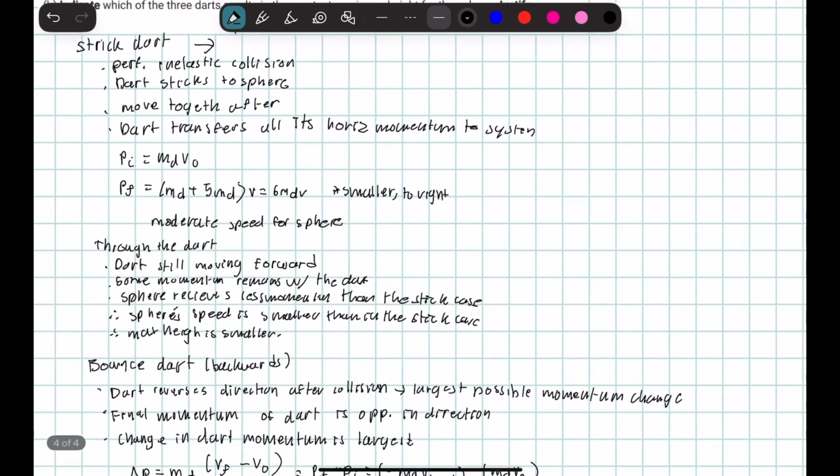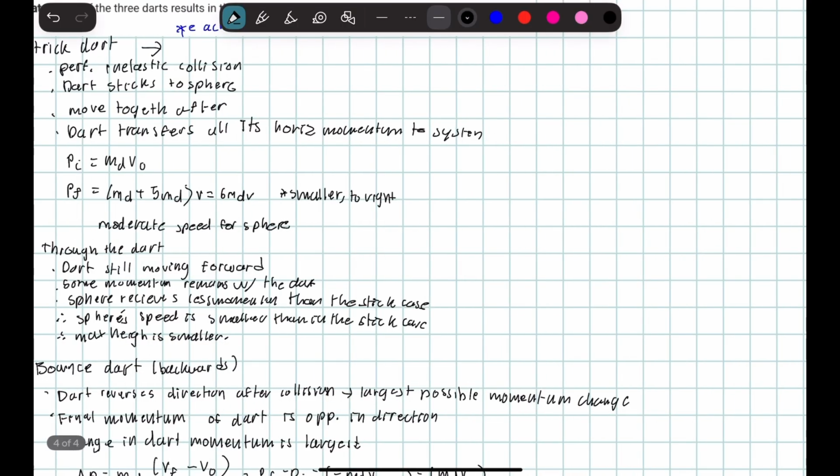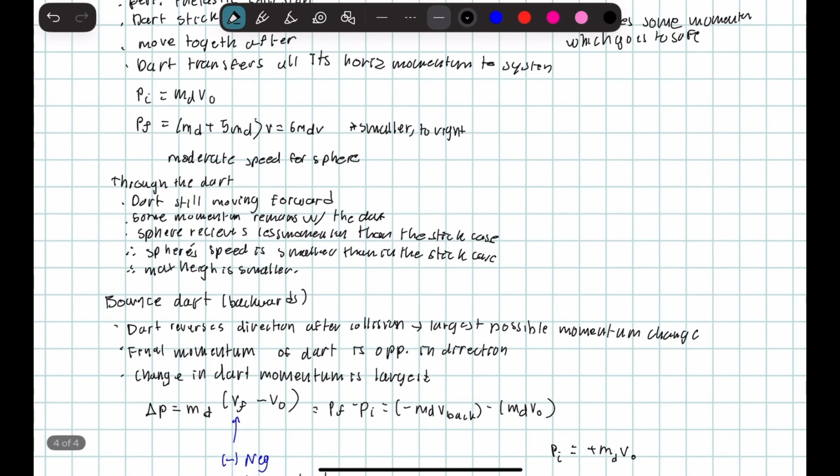So the dart loses some momentum, which goes to the sphere. So it moves at a moderate speed because it only gets a decent amount of momentum.